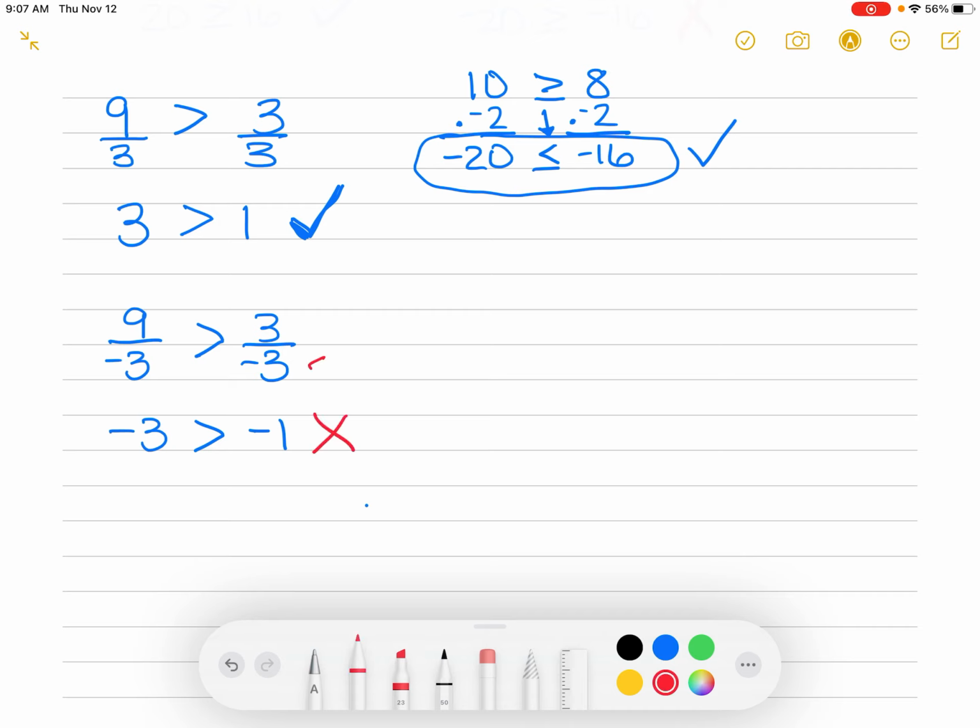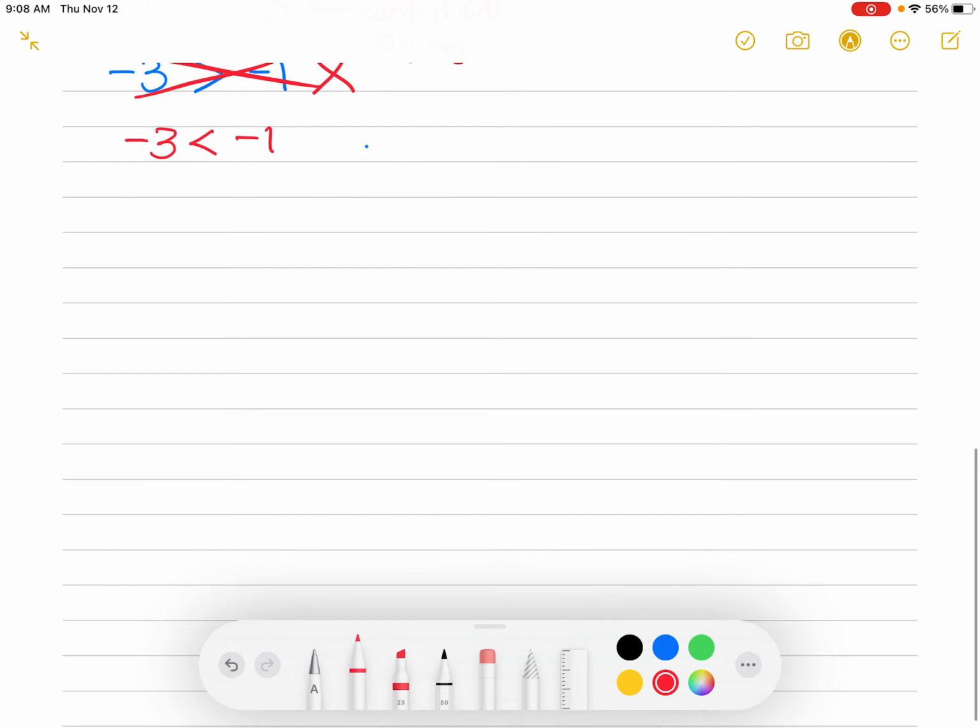That means I cannot divide by a negative unless I flip my sign, just like I did in the other one. So really this would be negative 3 is less than negative 1. So when you're doing division or multiplication by negatives, you're going to flip your sign.